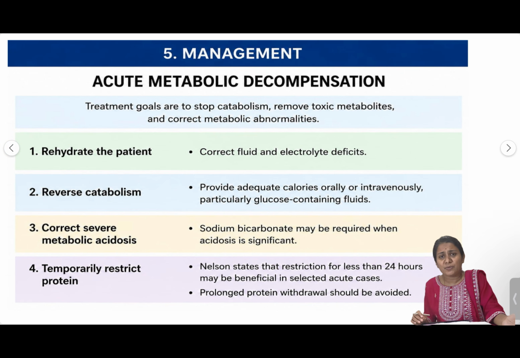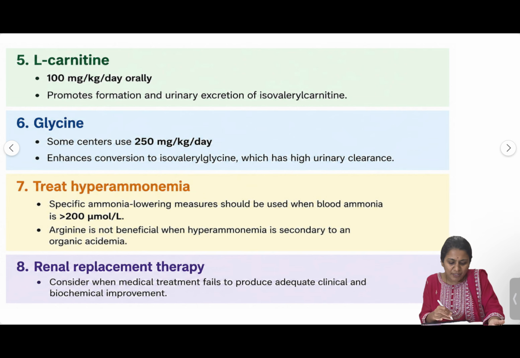Management is the same as MSUD. So treat the catastrophic event, supplement with IV glucose, IV fluid, stop protein intake for 24 hours or till the acute episode is resolved. Then if there is acidosis, supplement with sodium bicarbonate, temporarily restrict protein. Here you can give L-carnitine also. Why?